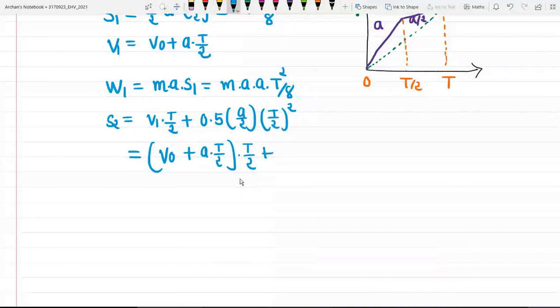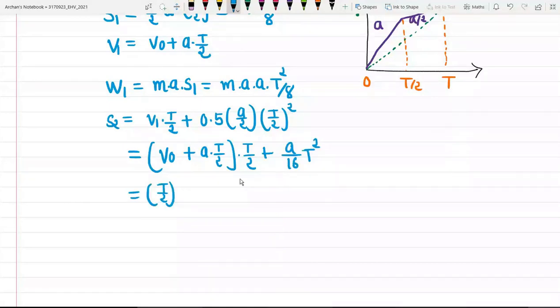So my result is t by 2 into v0 plus 5 times a into t by 8.